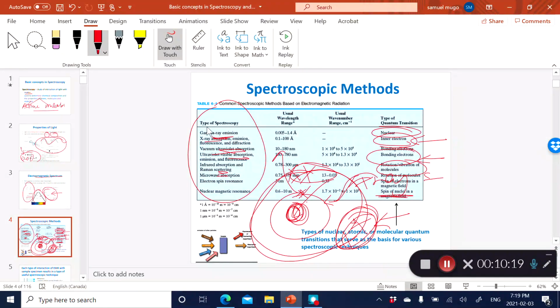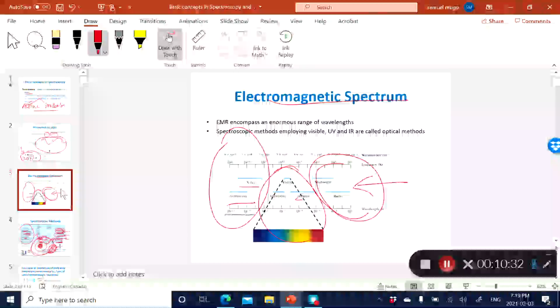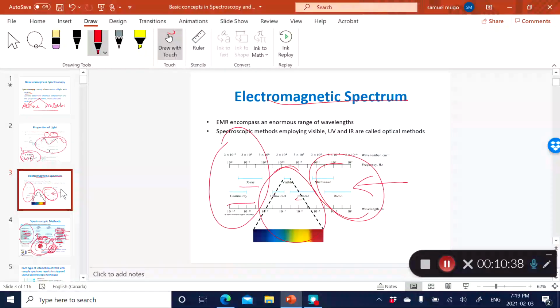I think what I'm trying to summarize is that all the different types of spectroscopies are totally dependent on which type of energy of the electromagnetic radiation impinges on the molecule or an atom, and as such that determines what types of electrons are undergoing transition or undergoing perturbation.